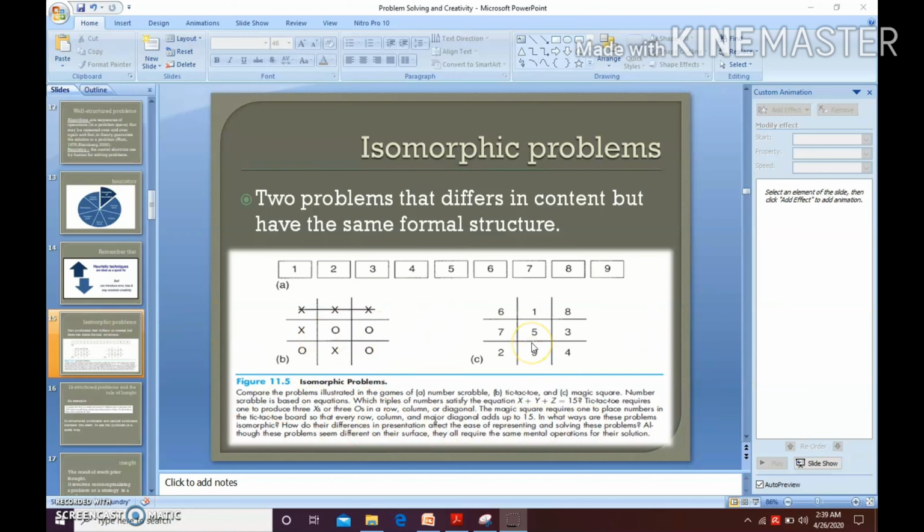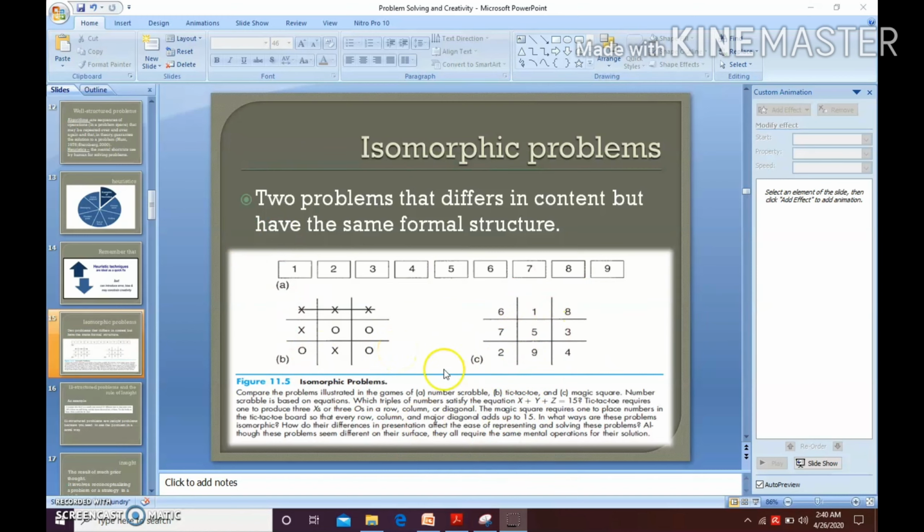And here in Magic Box, it's like Sudoku, where you use your mathematical skills. It requires each lined up number to equal 15.